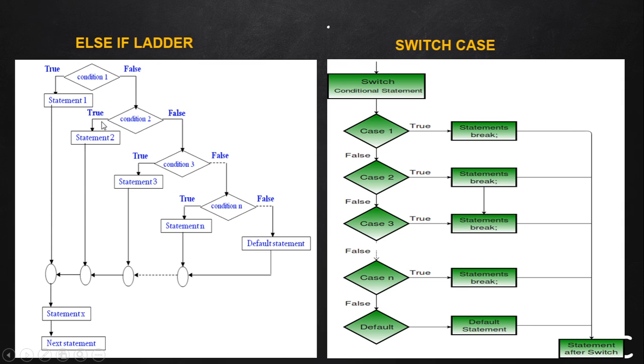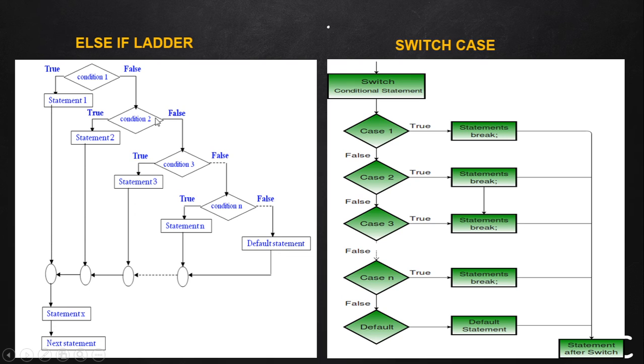If that condition is true, execute a particular set of statements and go for the execution of the remaining portion. Skip all other condition checking and all other sets of statements, and go for the execution of the remaining portion which is present outside this else if part.